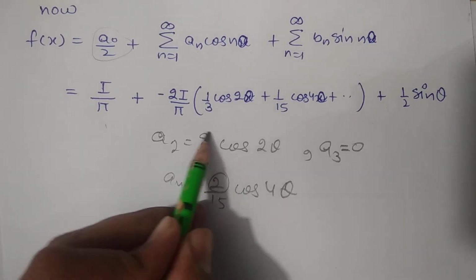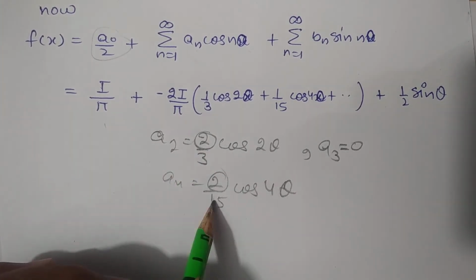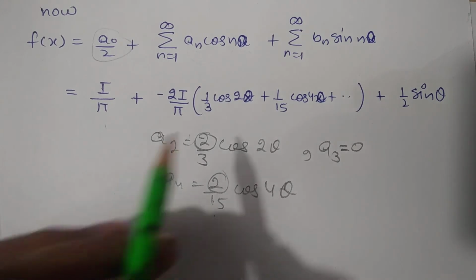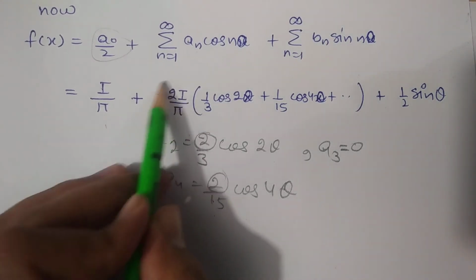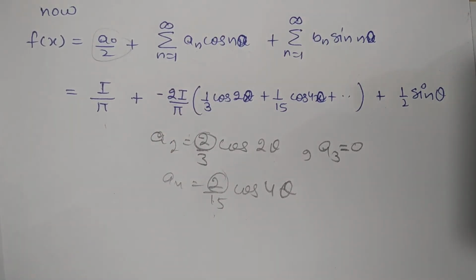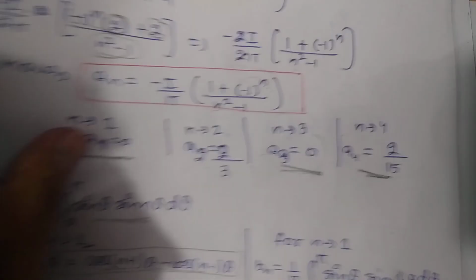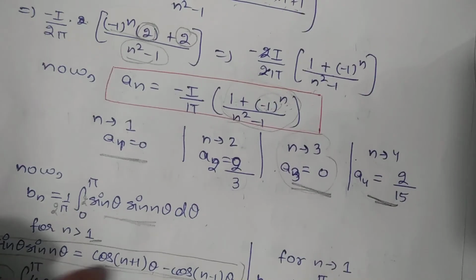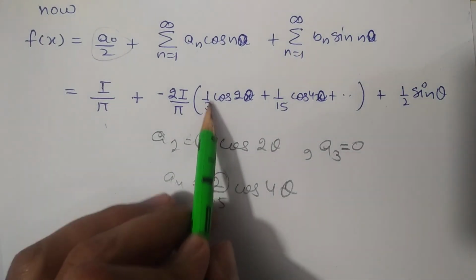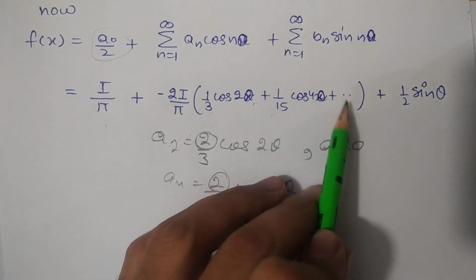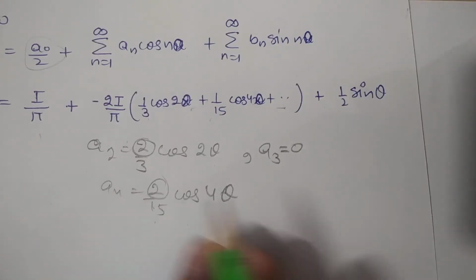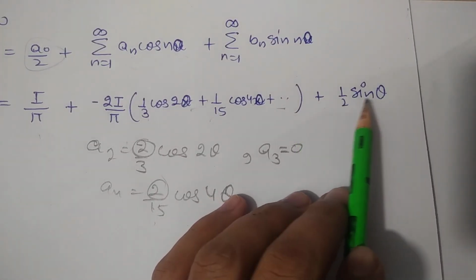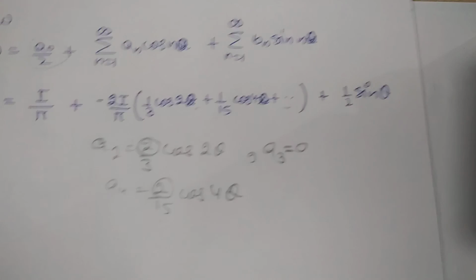So 2 is coming again and again as common, so I am just going to take 2 by pi common outside. Inside will be 1 by 3 cos 2 theta plus 1 by 15 cos 4 theta and so on, and the value of Bn is nonzero only for n equals 1, so this value will be 1 by 2 sin theta. So this is our required answer.